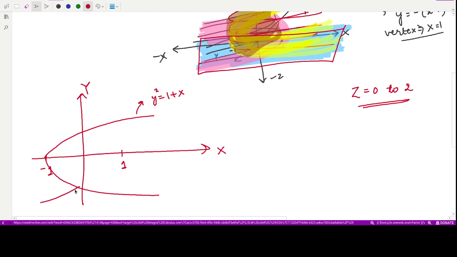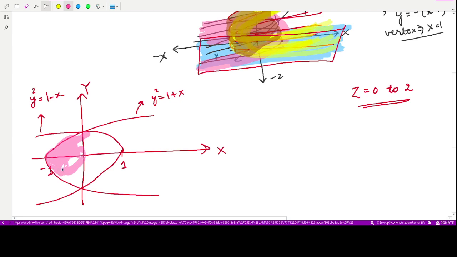Moreover, you have to calculate the points of intersection of these parabolas also, right? So this is the parabola having equation y square is equal to 1 minus x. So your region of interest here is this one, right?